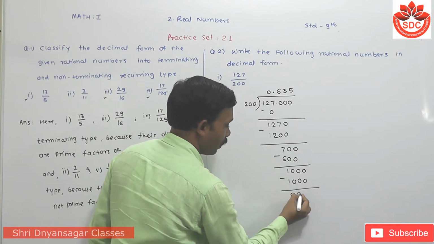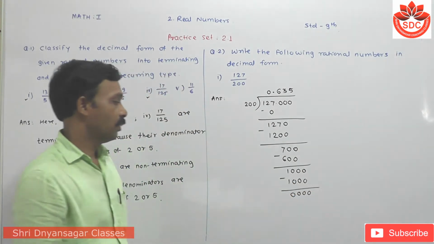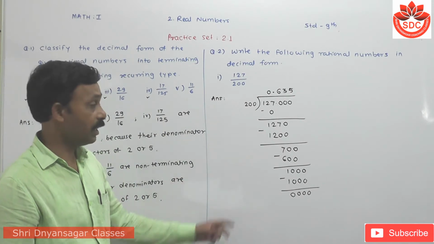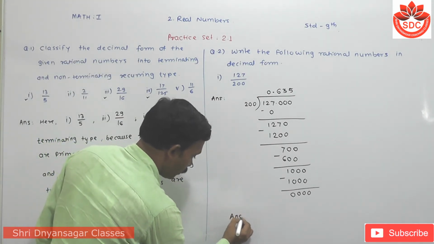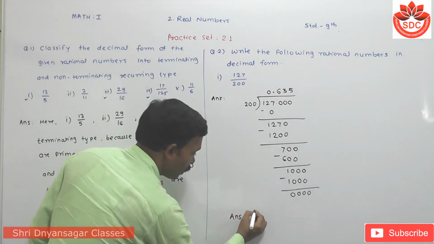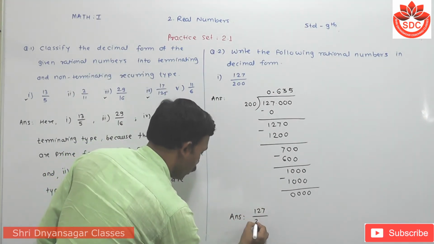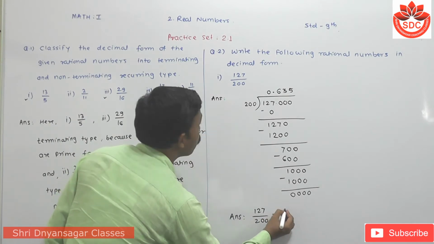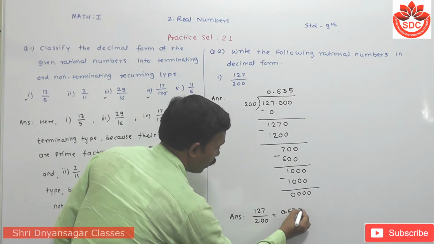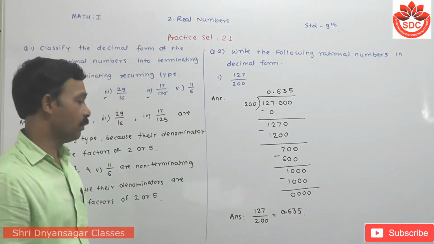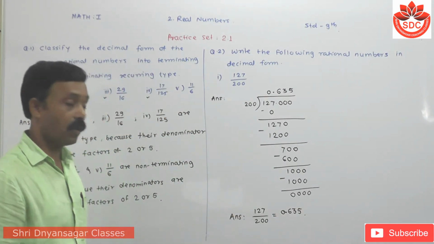When we subtract, the remainder is 0, meaning that the division is complete. So the answer in decimal form is 127 upon 200 is equal to 0.635. This is the decimal form of 127 upon 200.